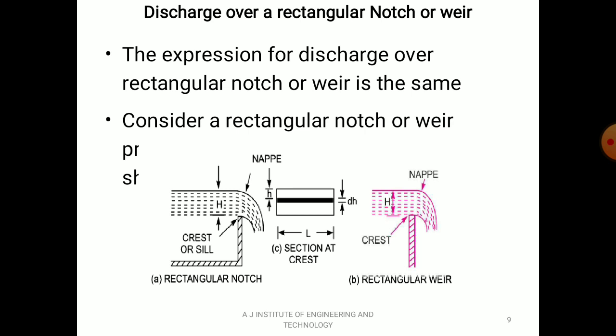So consider a rectangular notch or weir as shown in the figure. A rectangular weir is where water flows over the weir, whereas a rectangular notch is where water flows through the opening. The rectangular notch is shown in diagram A, and the rectangular weir is shown in diagram B.